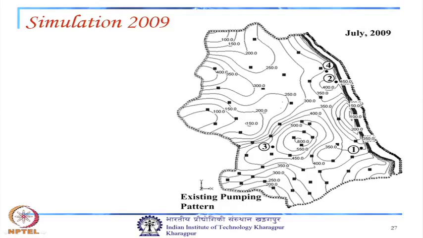In the simulation for 2009 with the existing pumping pattern, this is the scenario, but it has been found that the internal region has high concentration values. This is due to the fact that there can be some kind of inland salinity for this region.